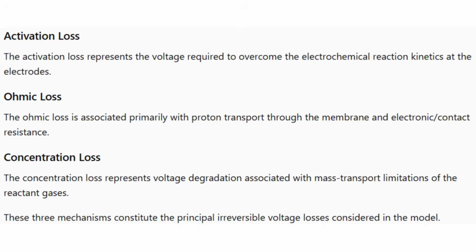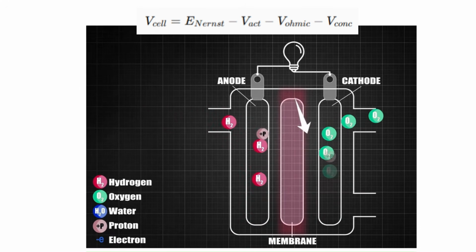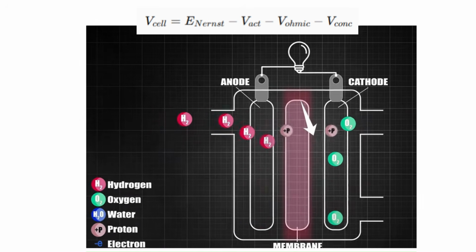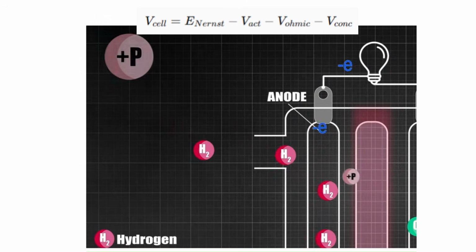However, the actual voltage of a PEMFC does not simply correspond to the reversible potential, as various losses occur during operation. This model considers three main types of losses: activation losses, ohmic losses, and concentration losses. Therefore, the total cell voltage is expressed as the potential derived from the Nernst equation minus these three losses.